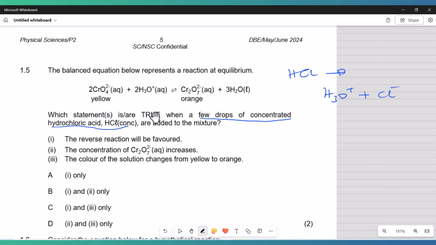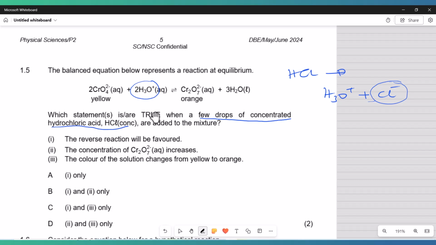So these hydronium ions are going to react with the available chromate ions, and as they do so, we're going to form more of the product, because from the Le Chatelier principle, when we add a disturbance, it must be worked upon by reversing it, okay.